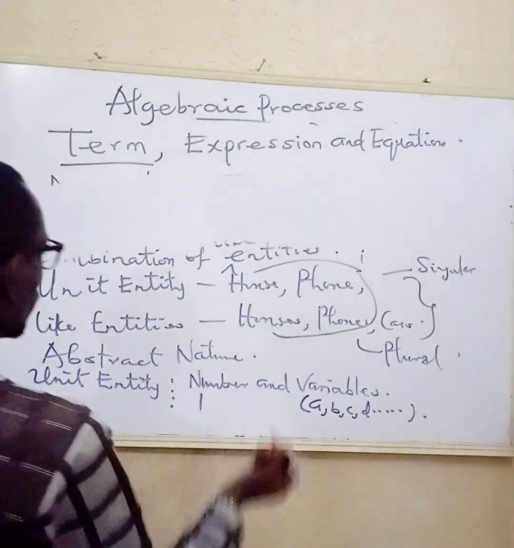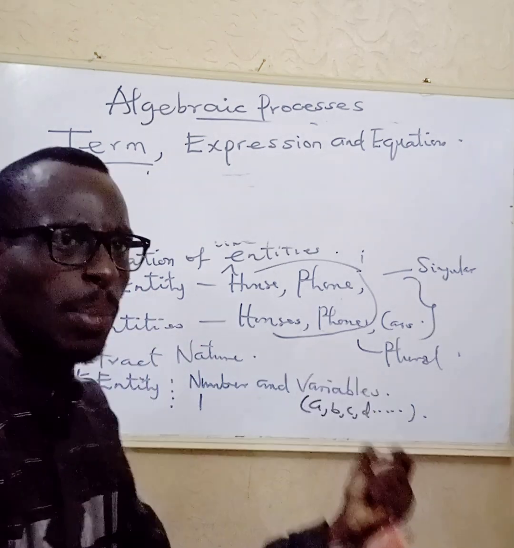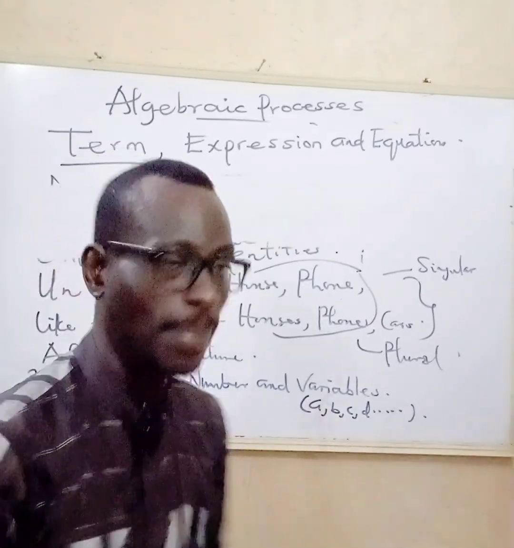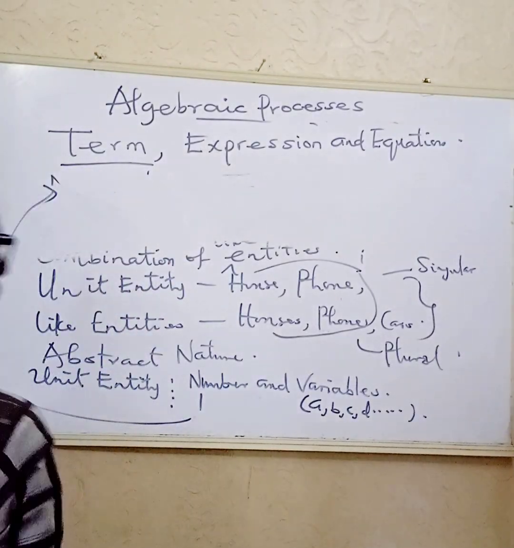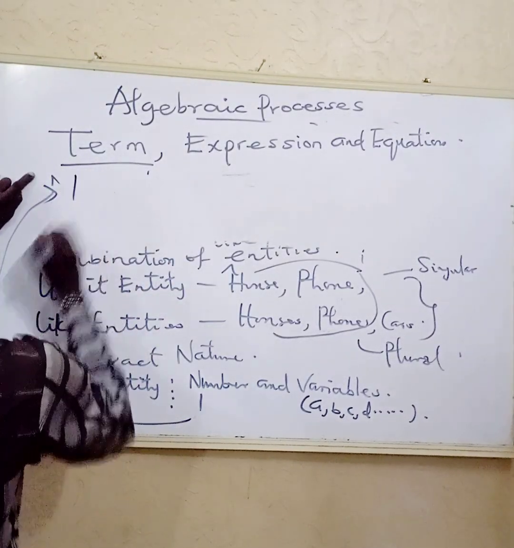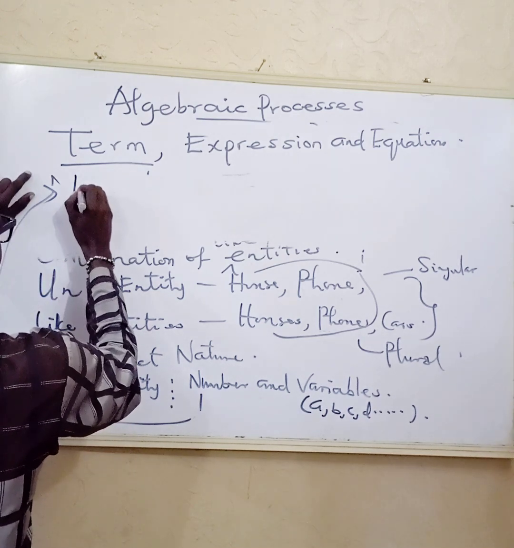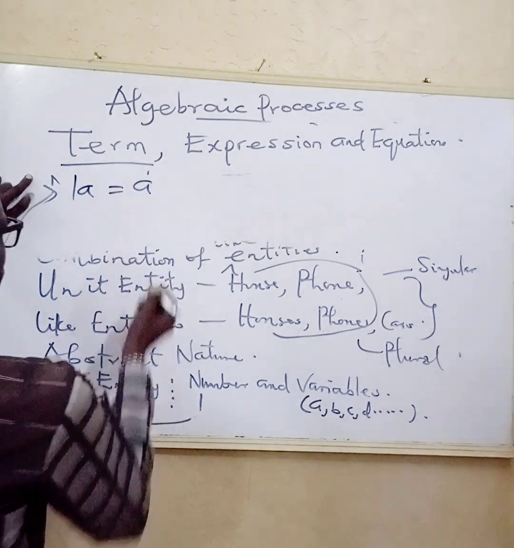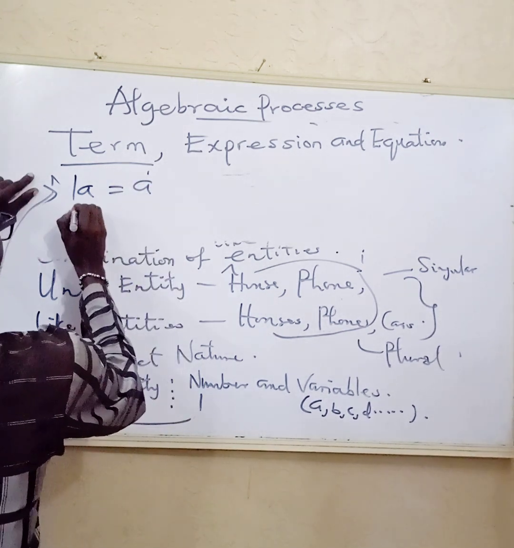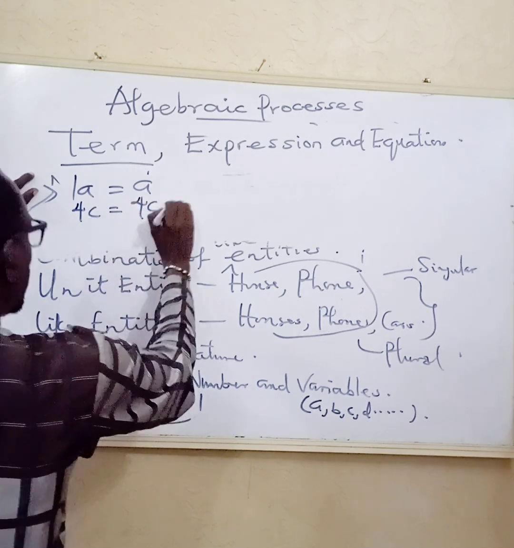The combination of like entities, we are talking about combination of like entities. That means that like simply means that they are the same. When we have 1A, 1A is the same thing as A. We have 4C, that is 4C.